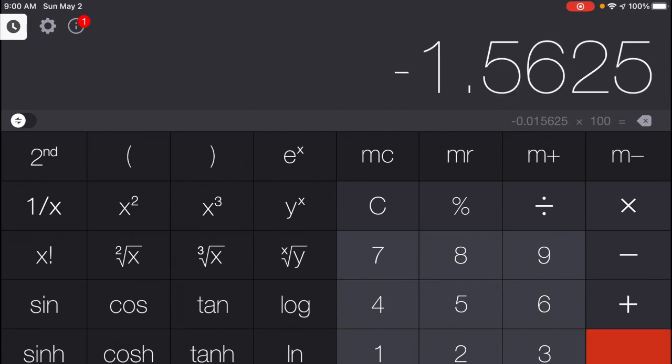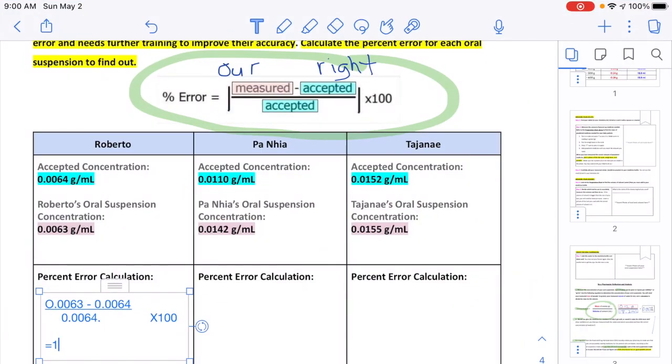And I'm going to ignore the negative sign because that is what we mean by absolute value with the formula, so 1.56% error. The unit here is just percent or percent error. So let's think about that. Is he within the range?